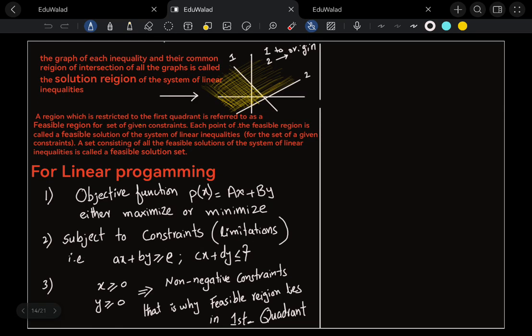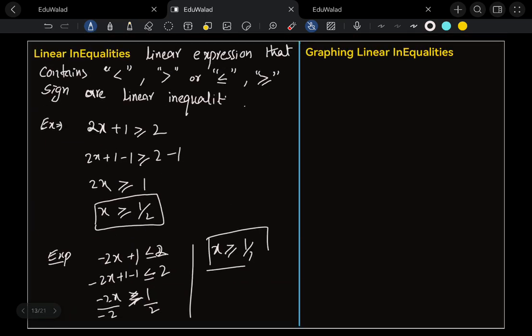Now the graphing of these linear inequalities: the graph of each inequality and their common region of intersection of all the graphs. So this is just for one inequality.